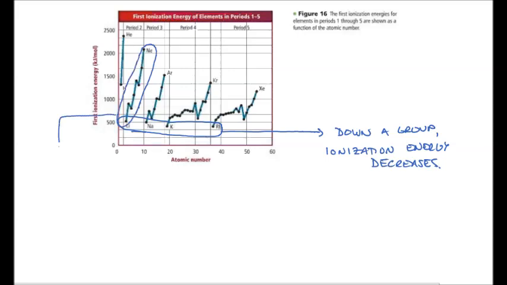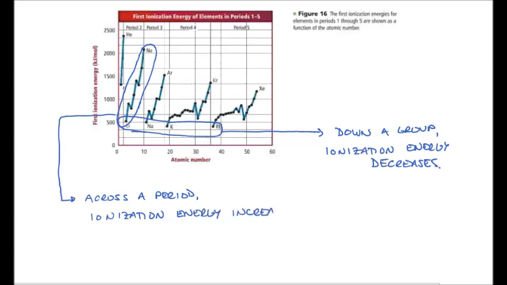And you should look at a periodic table and make sure that makes sense. Across a period, ionization energy increases. So we have an inverse relationship. As size increases, ionization energy decreases.